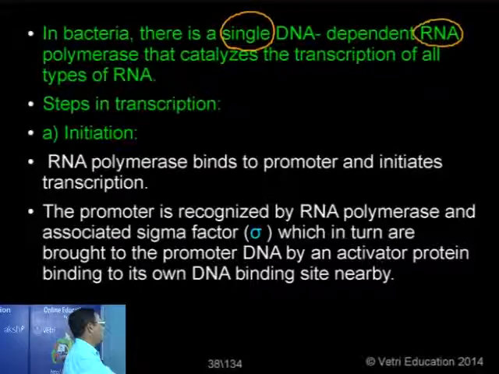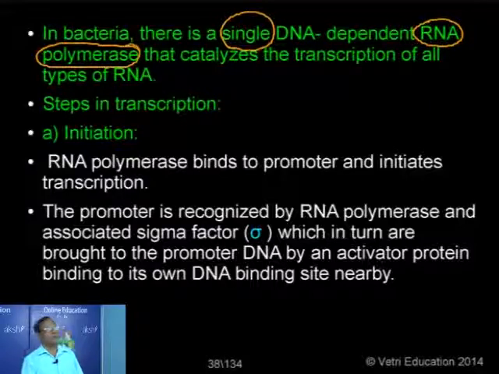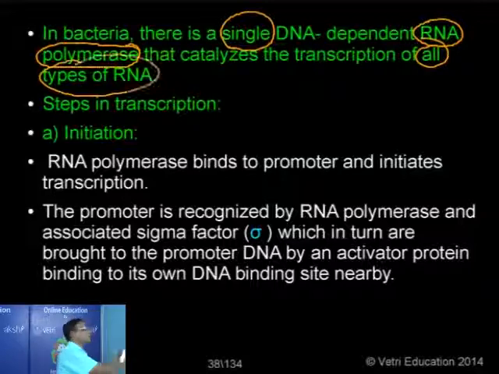And that single RNA polymerase is playing a catalytic role in the synthesis of all the three different types of RNA, namely the rRNA, tRNA, messenger RNA. So all the three RNAs are synthesized by a single RNA polymerase enzyme. It is working under the control of DNA, that's why we use the term DNA dependent RNA polymerase. So that catalyzes the transcription of all types of RNA.